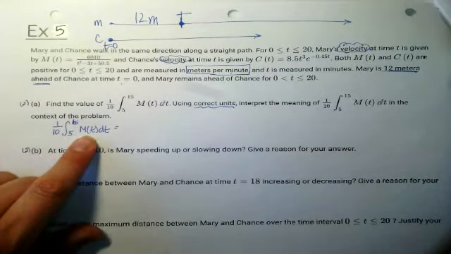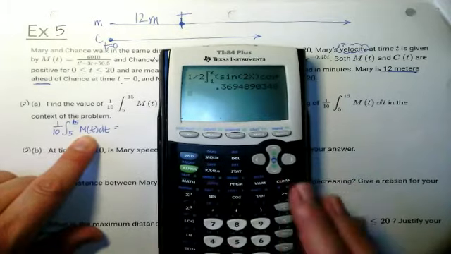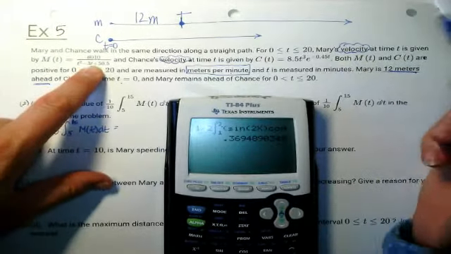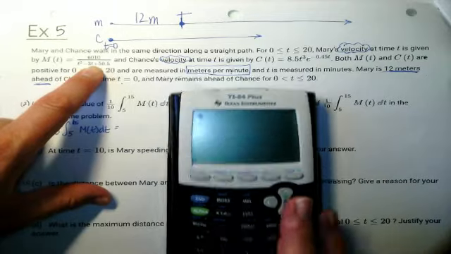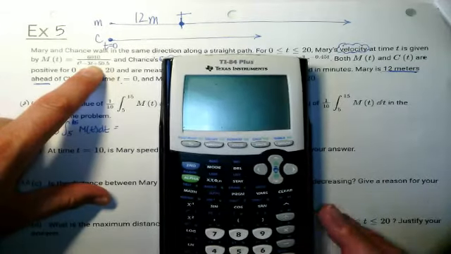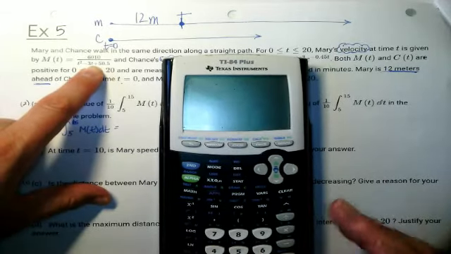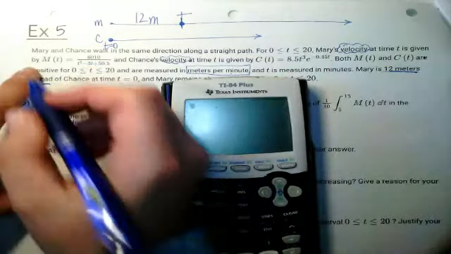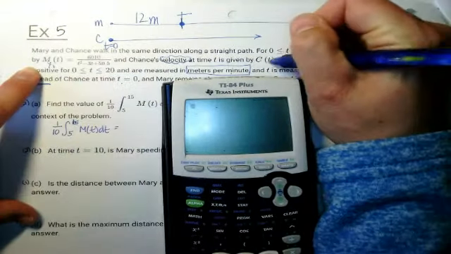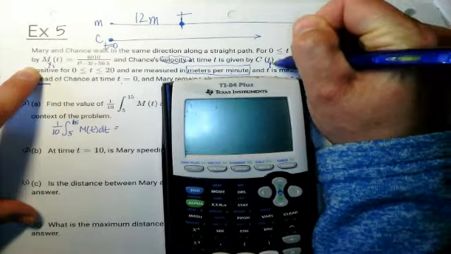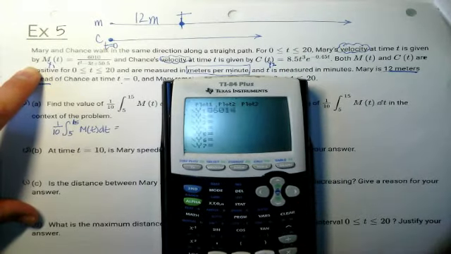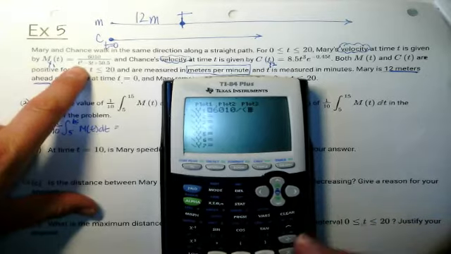And again, this is something we can do in our calculators. And I mean, look at this crazy function. That is definitely not something we would want to try and do by hand. Since I have 2 functions here, I'm going to put this one in y1 and Chance's function in y2. And then I can just reference them. So 60 over 10 plus, don't forget the parentheses, ladies and gentlemen.